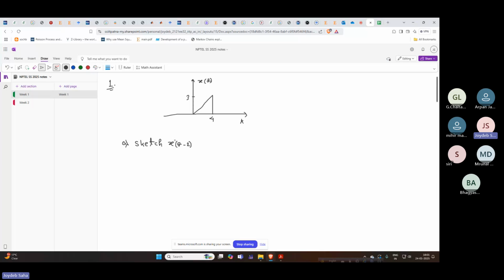But everything will be shared with you. This notes file will be shared with you. Okay, so first question is sketch x(t minus 2). So how will it look?